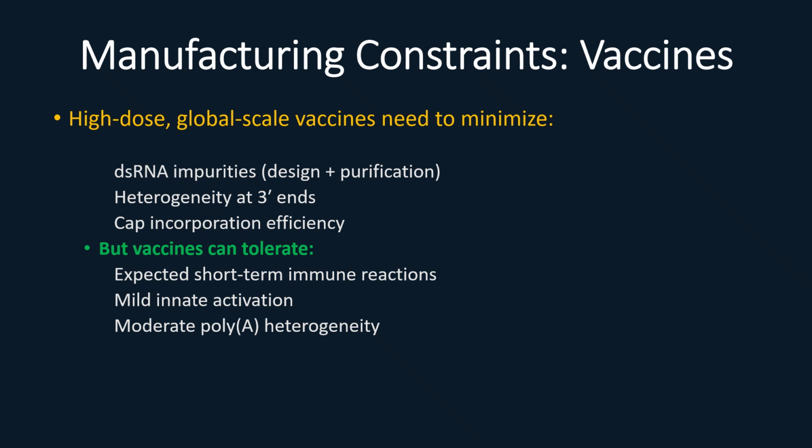And moderate variability in poly(A) length is usually fine. So overall, the idea is not perfect uniformity everywhere. It is selective control. You need to tighten what affects safety and dose consistency.